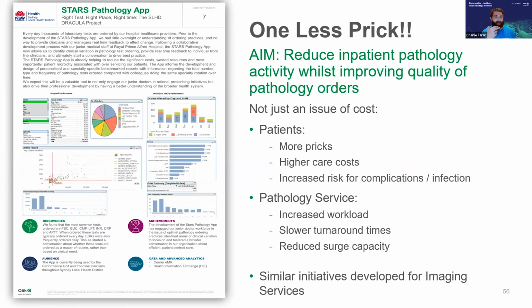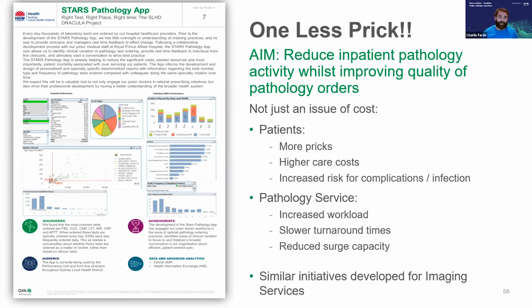So a better understanding, rather than just ordering all tests because that's how you've always done them, is understanding specifically what tests are being ordered and what's actually being used and reviewed. Because they found that 20 or 30% of the pathology reports weren't actually being read by the clinician. So it had no clinical impact or relevance to their care. So why were they ordered in the first place?